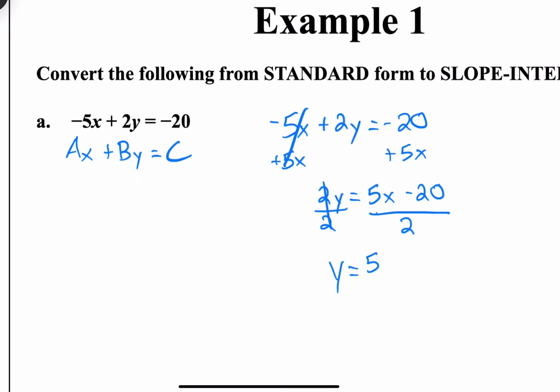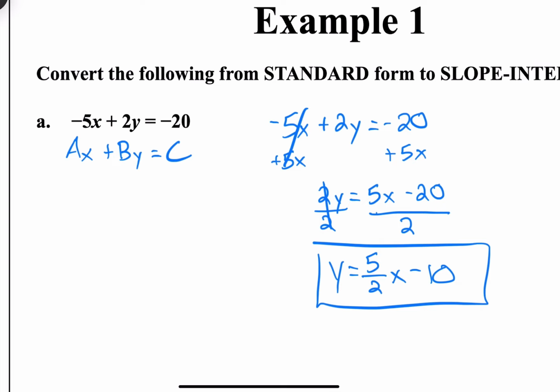We'll just leave that as 5 over 2 times x, minus negative 20 divided by 2. That gives us 10, so minus 10. And that is our equation converted into slope-intercept form. So these two things are equal to each other.